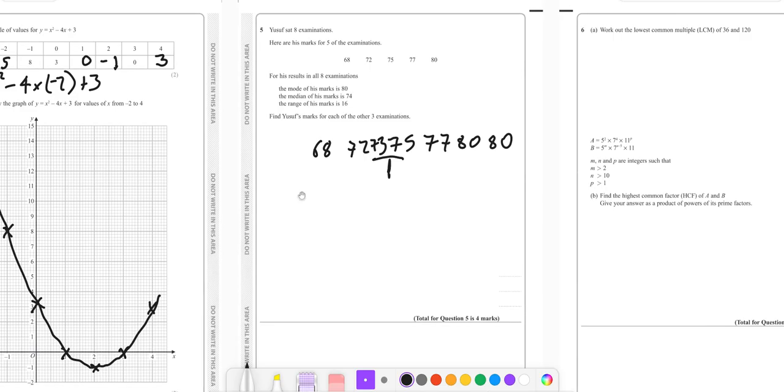So there's got to be 4 on either side, and it's got to be 16 less than our 80. So it's got to be 64. So the missing marks then are 64, 73, 80. I hope you can follow what I've done there.